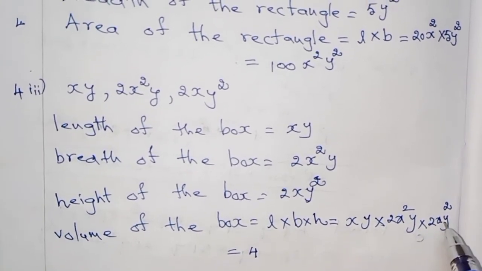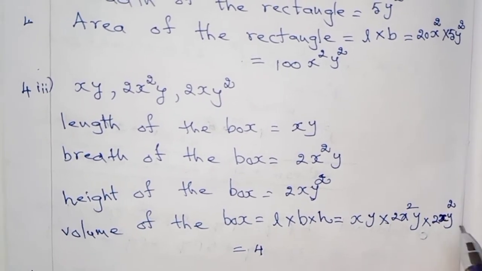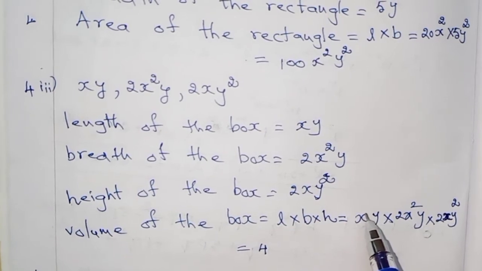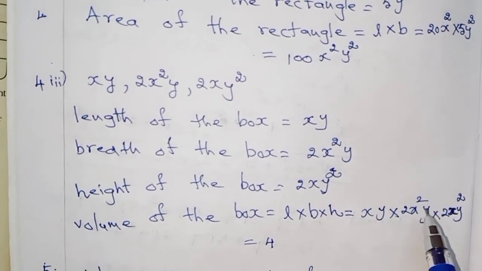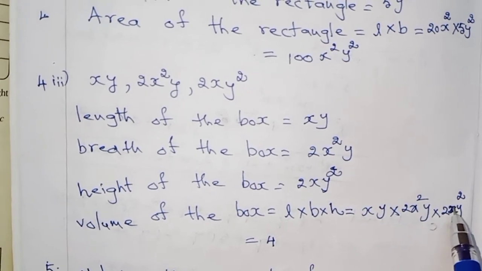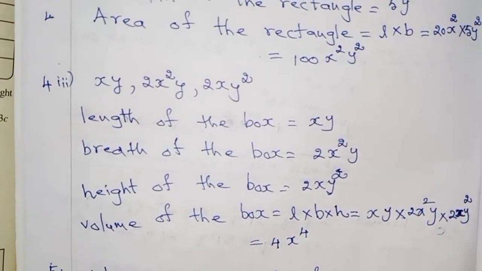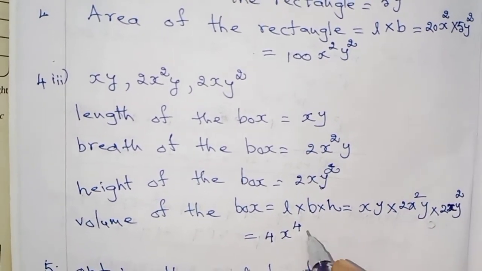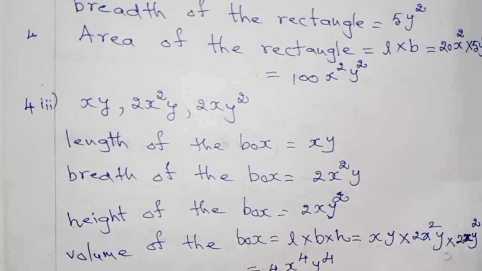The power of x in the first is 1; even though it is not mentioned, it is understood that the power is 1. 1 plus 2 is 3, 3 plus 1 is 4, so it is x to the power of 4. Then y: 1 plus 1 plus 2, y to the power of 4. So this is the volume of the box.